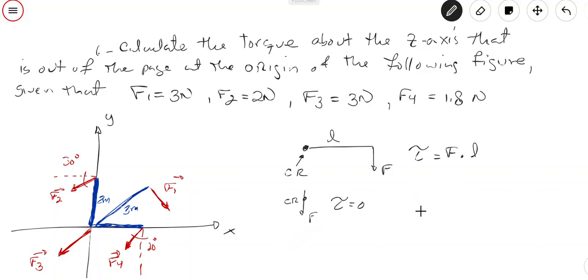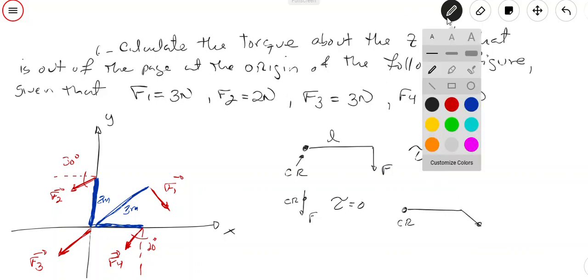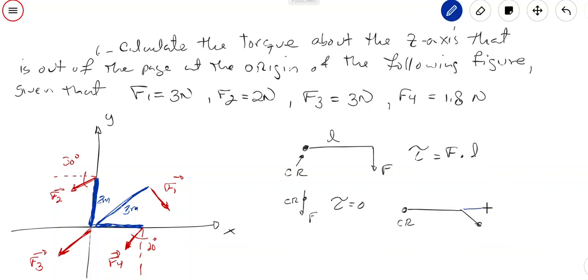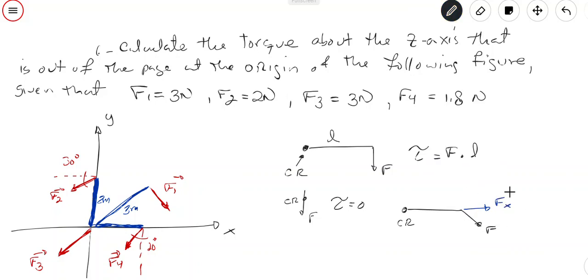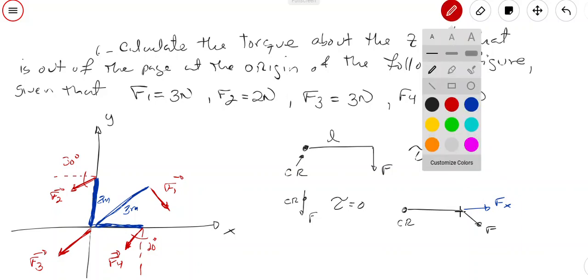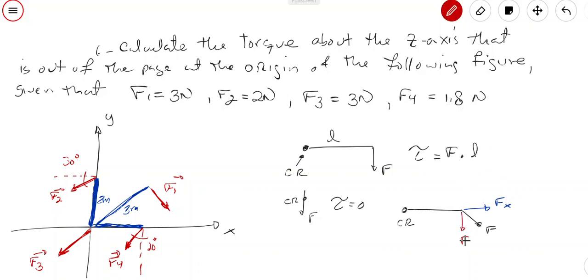Now, if the force is not at 90 degrees with respect to the bar, like this, we're going to have two components, of course. One component that will be horizontal, so let me call this Fx. Let me say that this is the force F. And then we're going to have another component here, let me say Fy, and Fy will be the component doing torque.